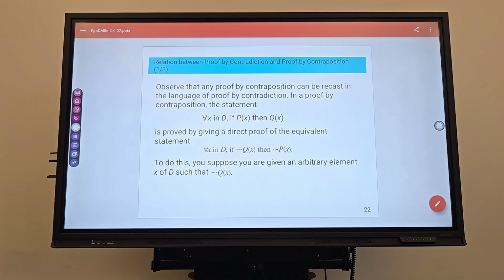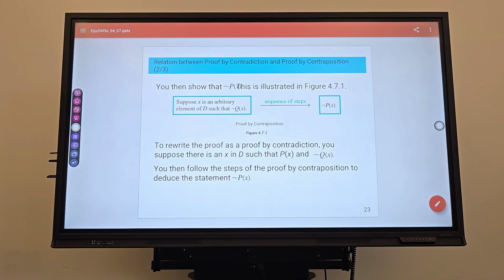In a proof by contraposition, the statement, for all x in D, if P then Q, is proved by giving the direct proof of the equivalent statement, for all x in D, if not Q, then not P. To do this, you suppose you are given an arbitrary element of D such that Q of x is not true. Then show that not P of x is true, or show that P of x is false.